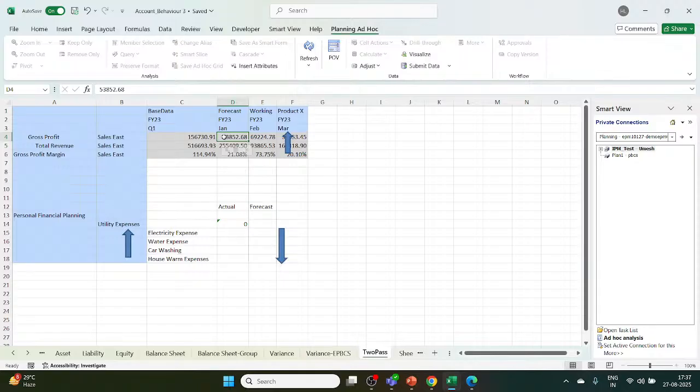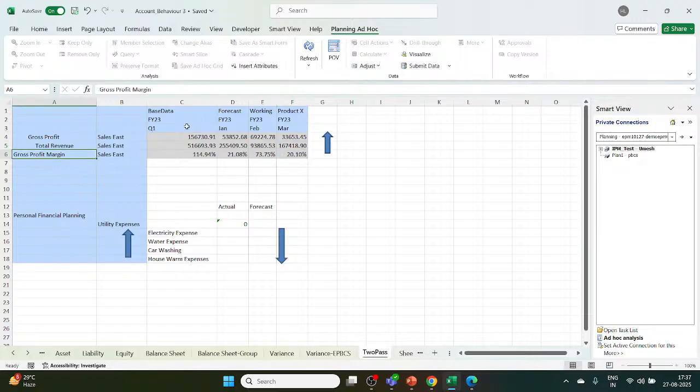With the help of the profit for the month of January, February and March, we can see our gross profit is of that level, and the revenue amount is 2,55,409, 93,865, and 1,67,480 rupees.